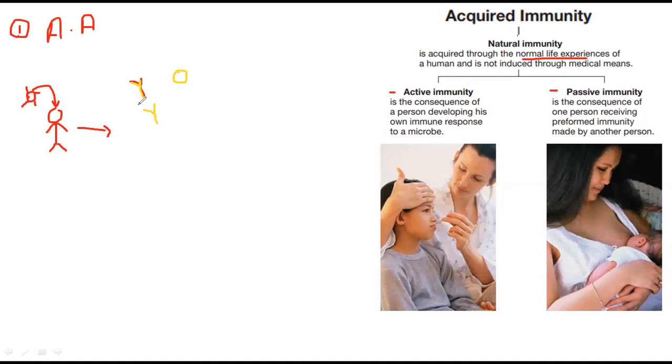So we are actively responding to the pathogen, which is why it is known as natural active immunity, or acquired natural immunity. These antibodies are a good example of active immunity formed by our body.